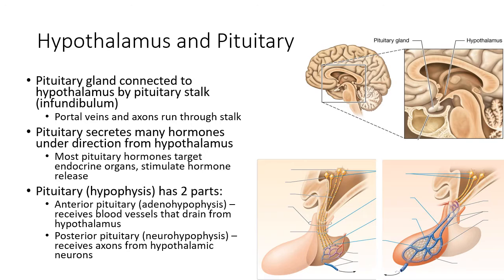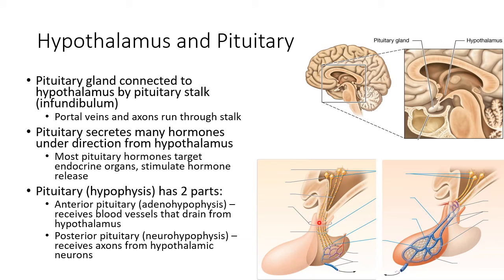So we'll look at the anatomy of the hypothalamus and pituitary in a little more detail. The hypothalamus is connected to the pituitary with a little stalk. This little stalk here, it's commonly called the pituitary stalk, but the fancy name for it is infundibulum.